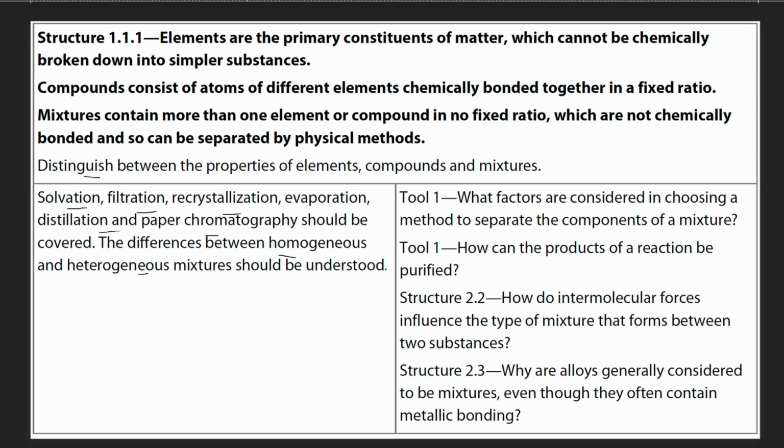Elements are the primary constituents of matter, which can't be chemically broken down into simpler substances. Compounds consist of atoms of different elements chemically bonded together in a fixed ratio, and mixtures contain more than one element or compound in no fixed ratio, which are not chemically bonded and so can be separated by physical methods. So this kind of method is what we are going to cover in these subtopics.